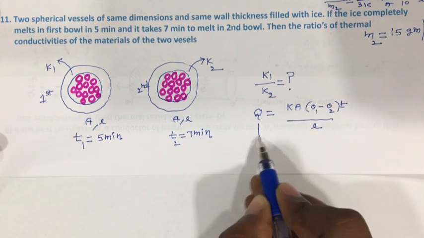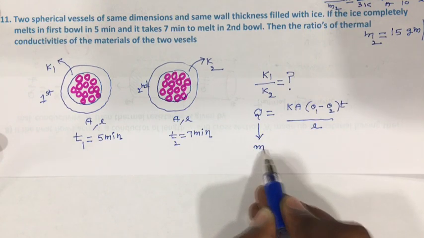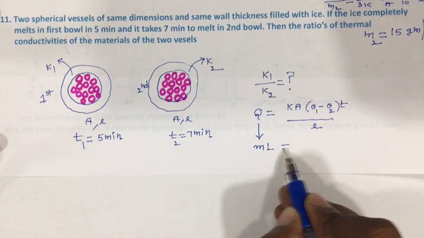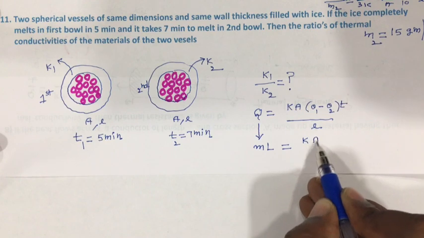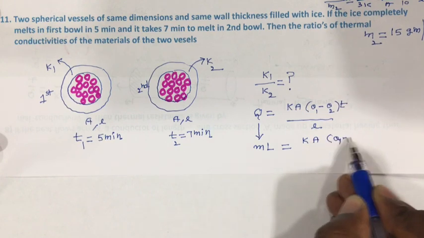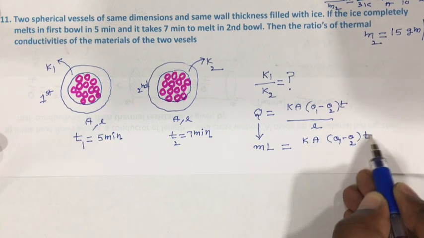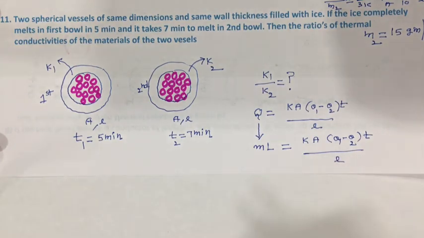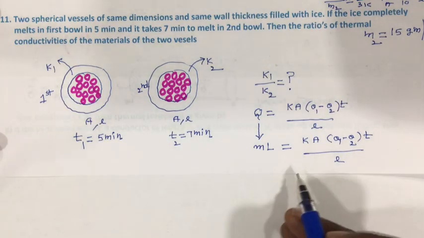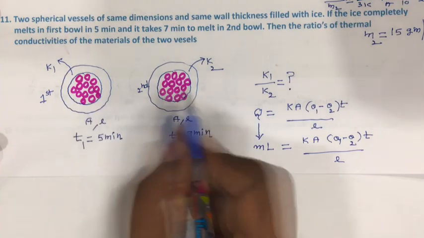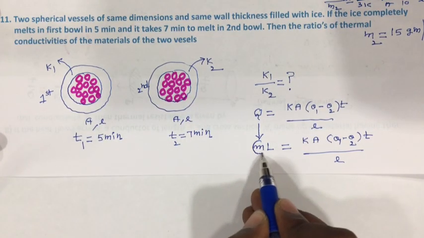In the place of Q, I am using ml, the latent heat formula. ml is equal to K A (theta 1 minus theta 2) times T upon L. Here in this problem the constants are: mass of ice in both of them is constant.